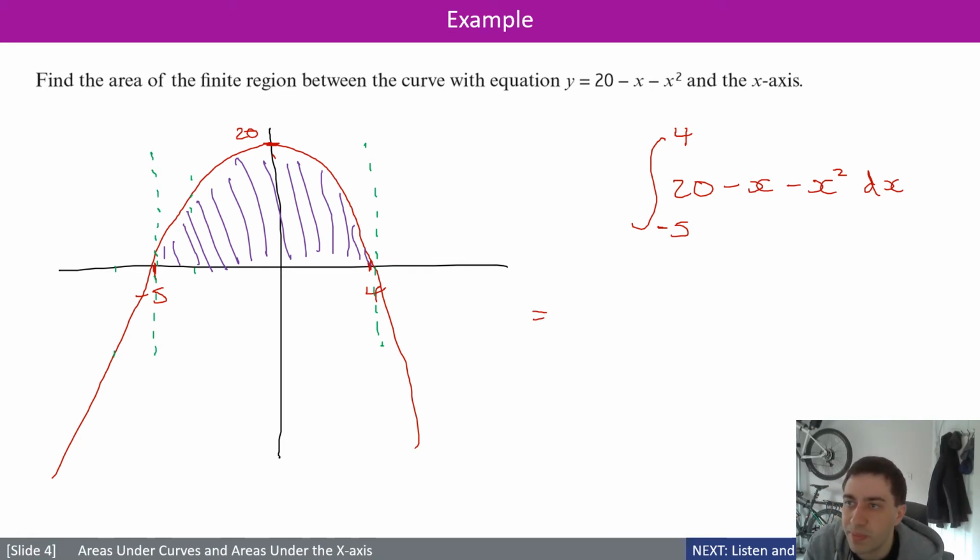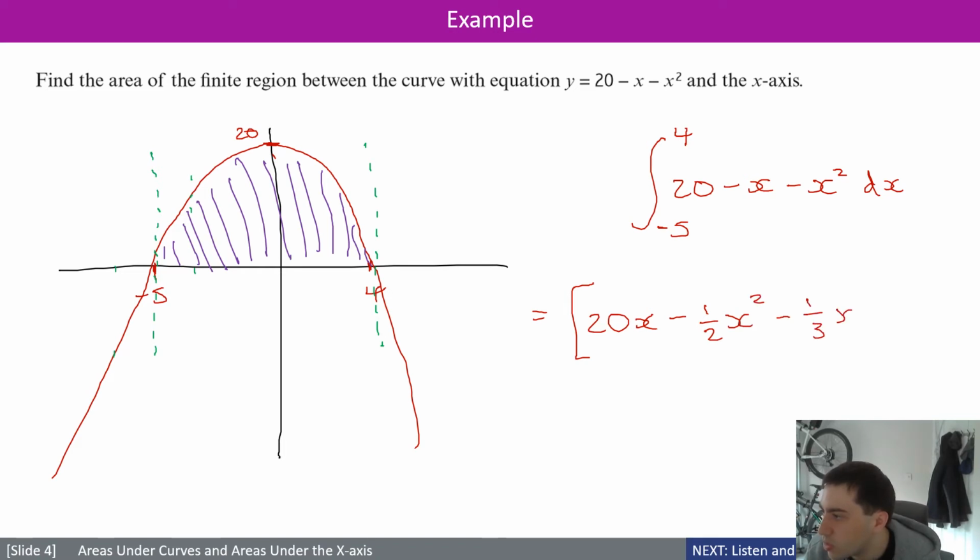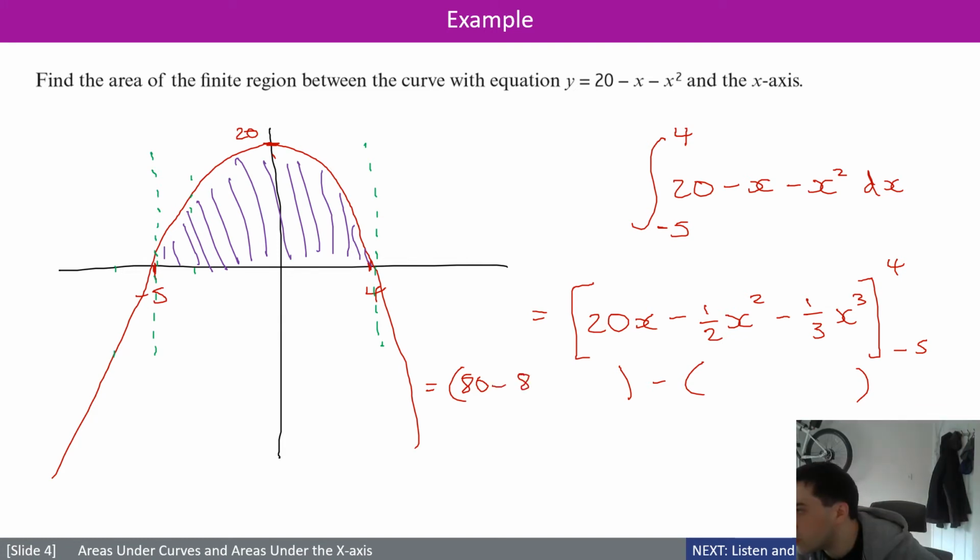So let's work it out. We'll get 20x minus a half x squared minus a third x cubed from -5 to 4. I'm going to have to do some substitution. The first one, I put in 4 and I get 20 times 4 is 80, minus a half 4 squared, that's -8, minus a third 4 cubed, that was a bit trickier, -64/3.